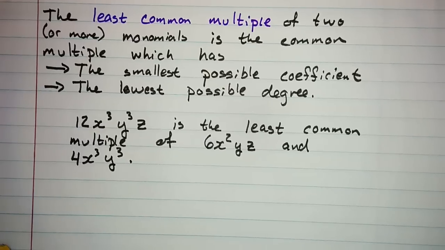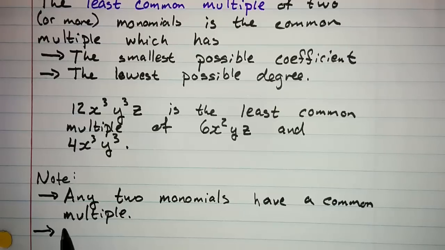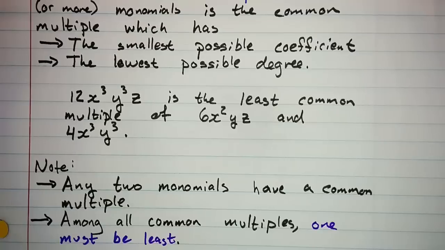Two things to be aware of. It is definitely the case that any two monomials have a common multiple. If all else fails, we can just multiply them together. This is just like the case for numbers. Also, just like the case for numbers, though less obviously so, among all the common multiples, there will be one unique least common multiple.